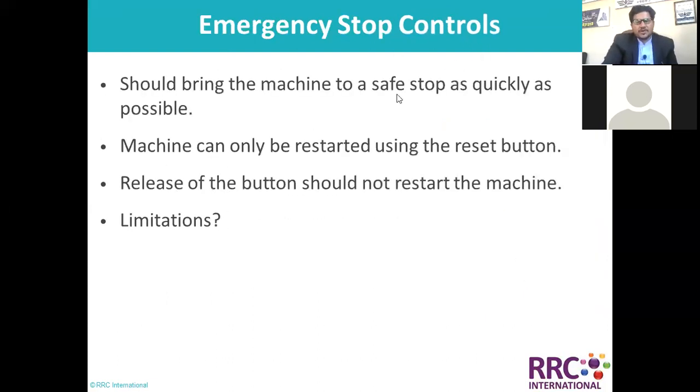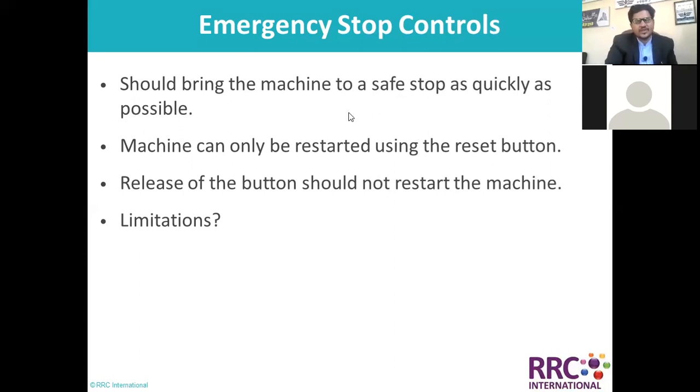Now, emergency stop controls, this is the most common feature. Almost all the machines or even the power tools have one, and it should bring the machine to a safe stop as quickly as possible. So it's abrupt. It's not like we push the emergency stop but it still takes 5, 10 or 20 seconds to stop the machine.